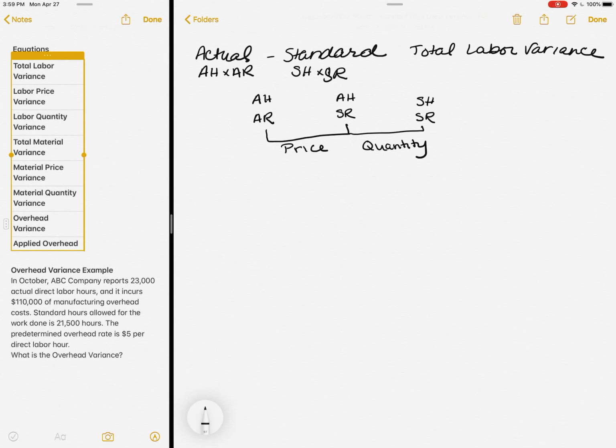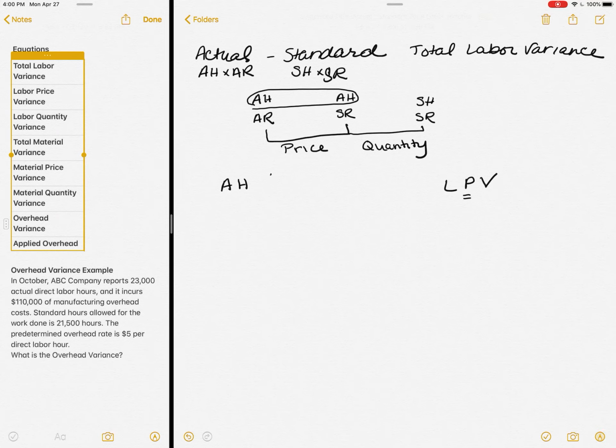So to give you some shortcuts and look at some ways that we can start remembering all of these equations and what to use, our labor price variance is really focusing on price, or what rate we're paying our employees. And that's this first piece here. As you can see, there's a common factor, and that's our actual hours.